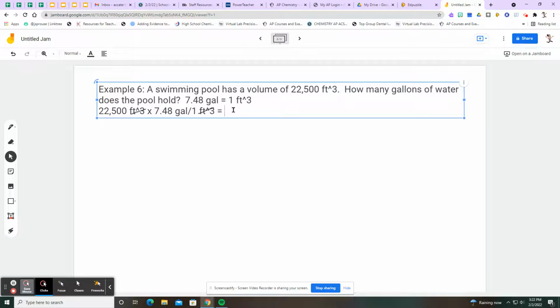And then when I do the math for that, that's 22,500 times 7.48, and that's going to equal 168,300 gallons.